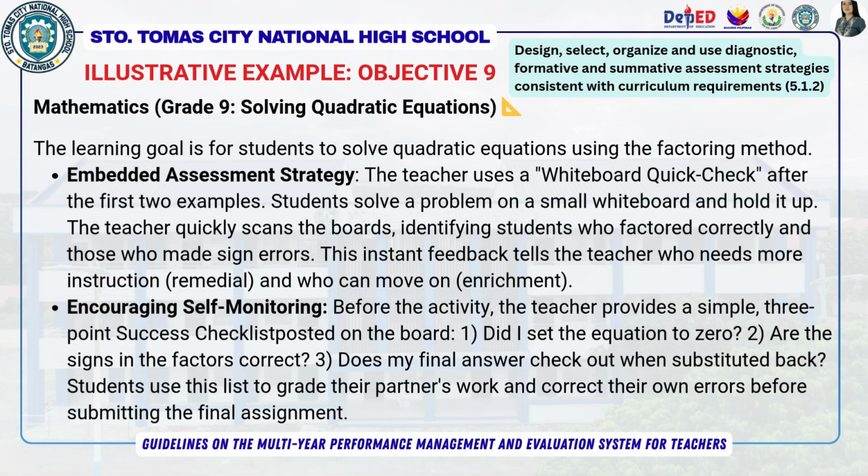Moving on to the illustrative examples for Objective 9. In mathematics, solving quadratic equations for grade 9, the teacher uses two key strategies. First, embedded assessment. A whiteboard quick check is used after the first two examples for instant feedback, allowing the teacher to immediately identify students needing remedial instruction or enrichment.